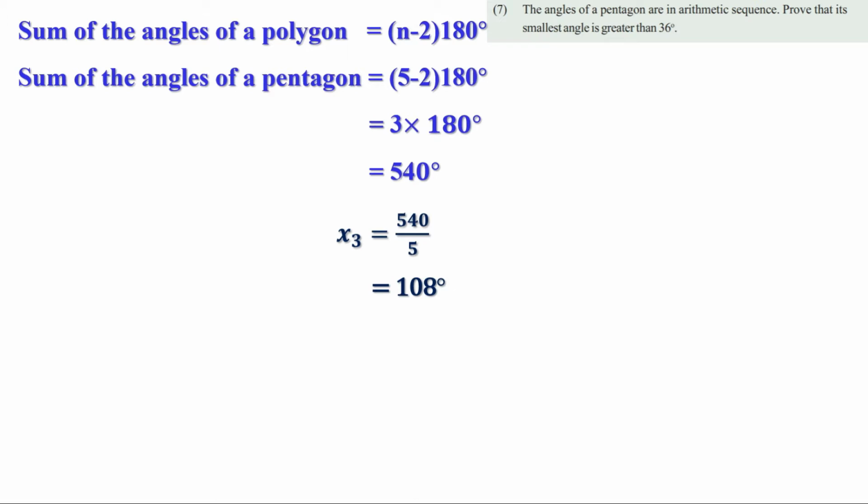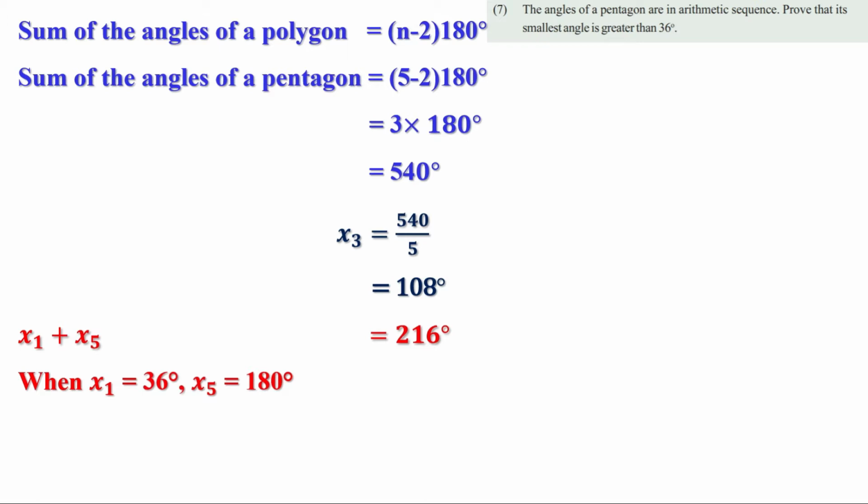Therefore first term plus fifth term is equal to 108 plus 108, that is 216. Now suppose the first term is 36, then what is the fifth term? 216 minus 36, or 180.